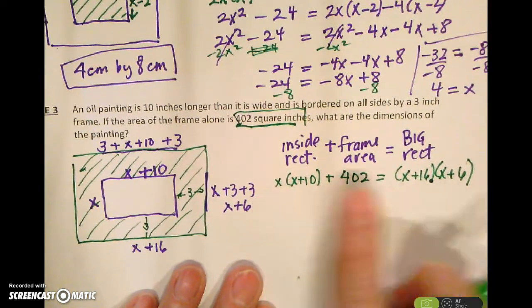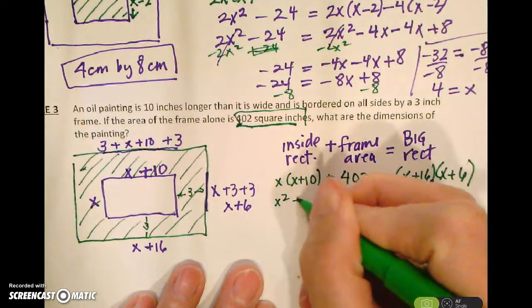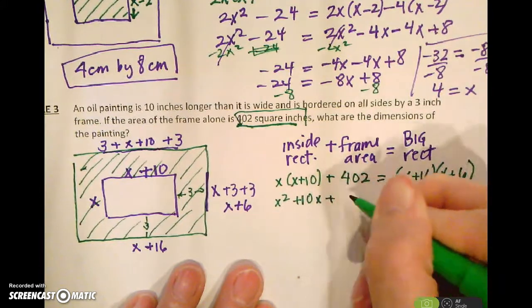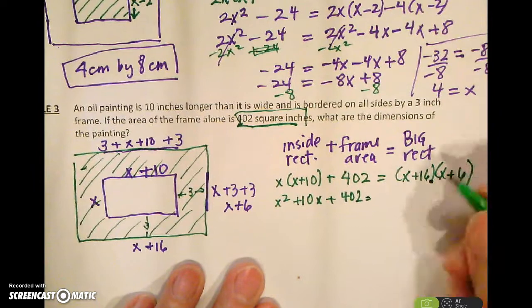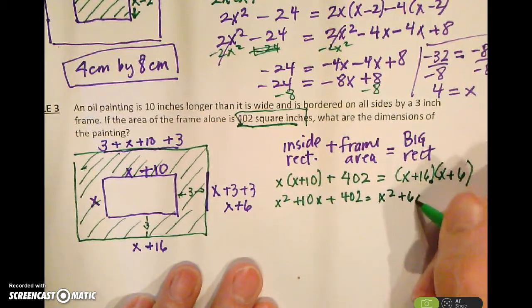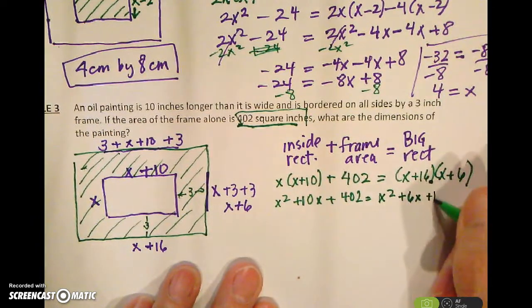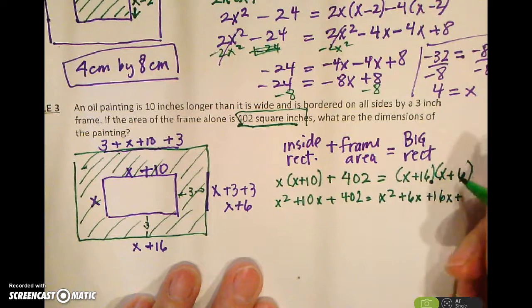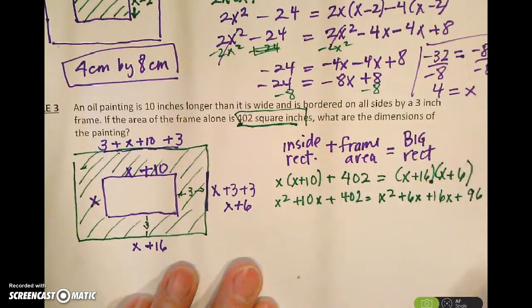To do that, I need to first eliminate my parentheses, so distribute: x squared plus 10x plus 402. And over here, I need to double distribute, so I get x squared plus 6x plus 16x plus 6 times 16, which is 96. Let's combine terms.